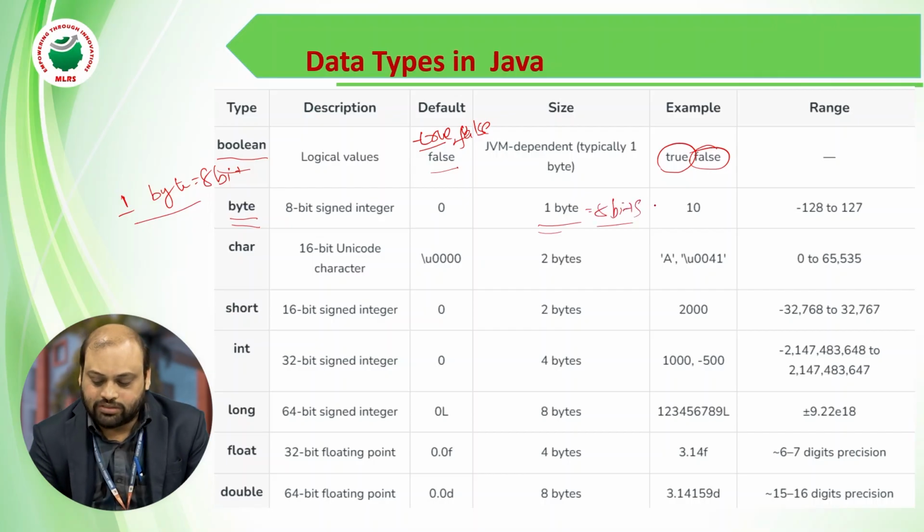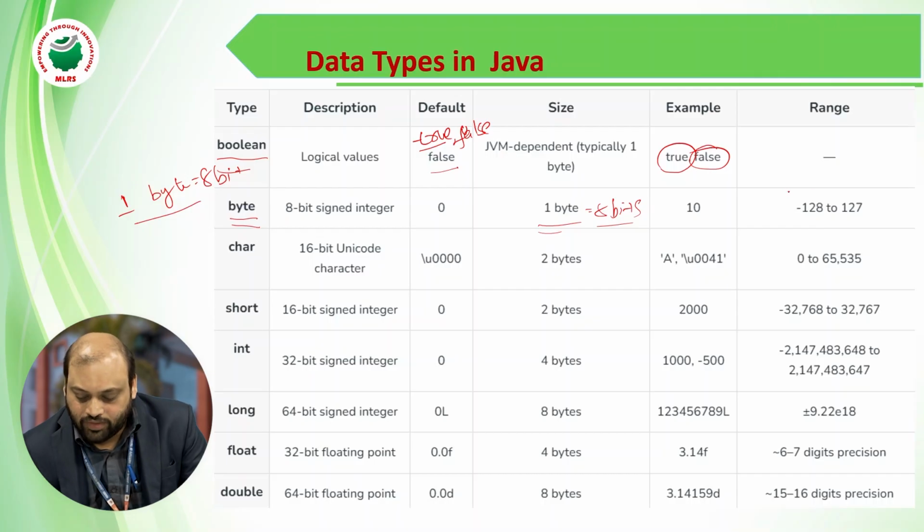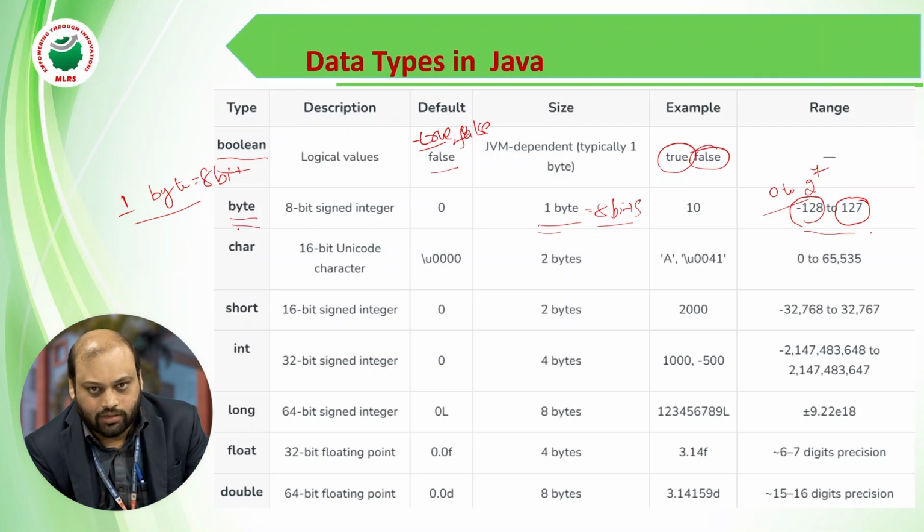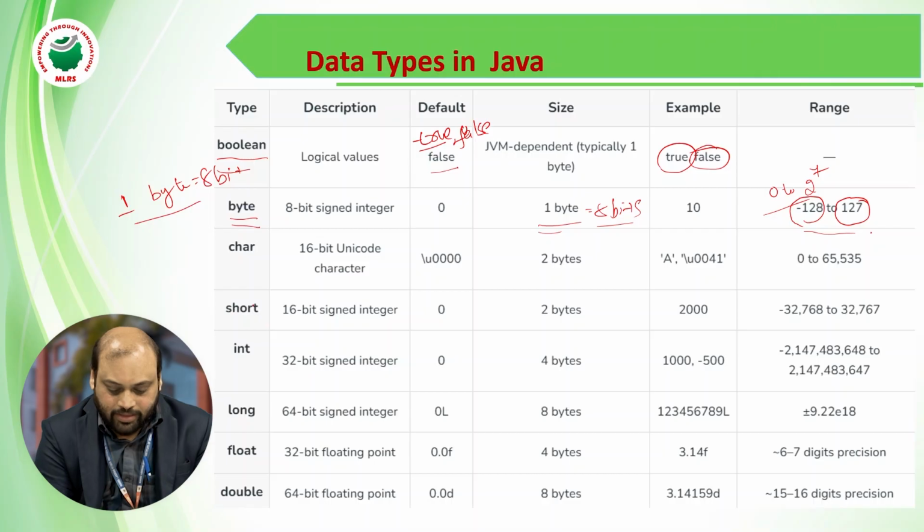As it is 8 bits, we can allow 2 power 0 up to 2 power 7, plus and minus. That is why the range is given as -128 to 127. Any value in that range we can store inside a byte. If you want more than that, then you go for the remaining data types.